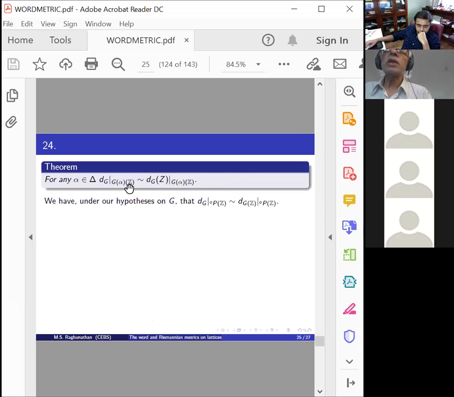Both these G_alphas could have been replaced by GZ if G_alpha equals G, if the rank 1 group is already G. Now, the crucial fact we have already available under our hypothesis that capital G is of R rank greater than or equal to 2 is this: dg restricted to 0 PZ is equal to d_{G,Z} restricted to 0 PZ.